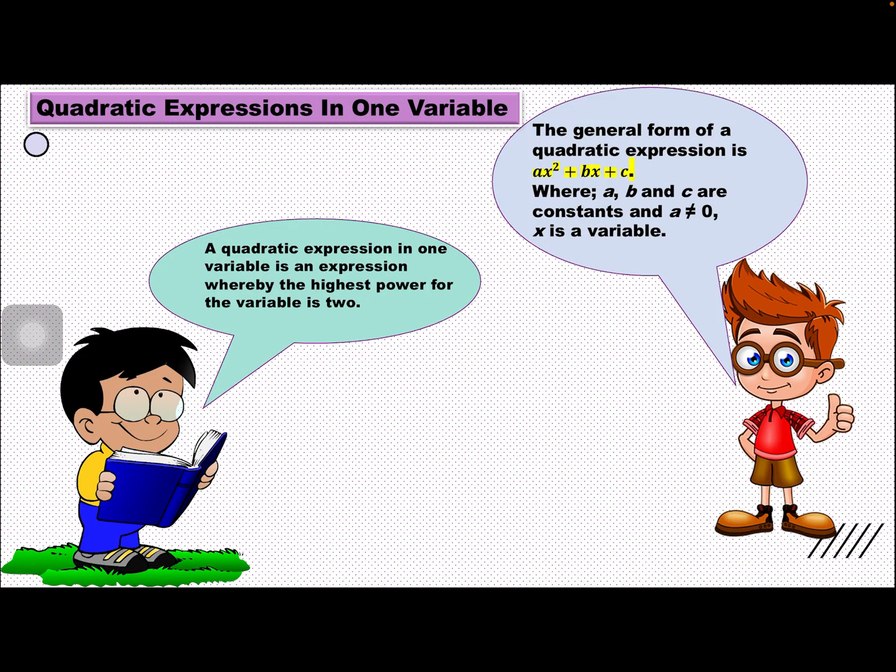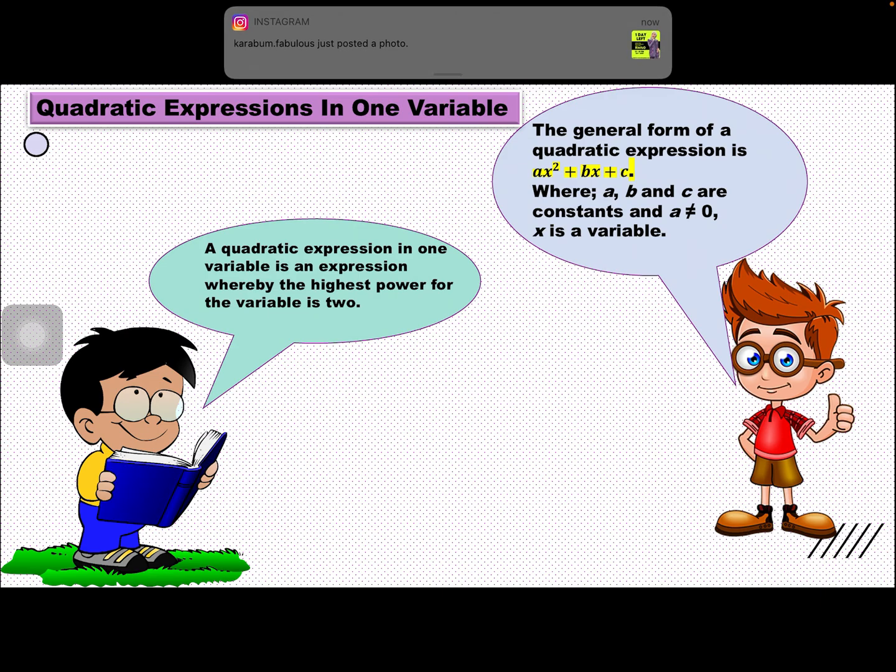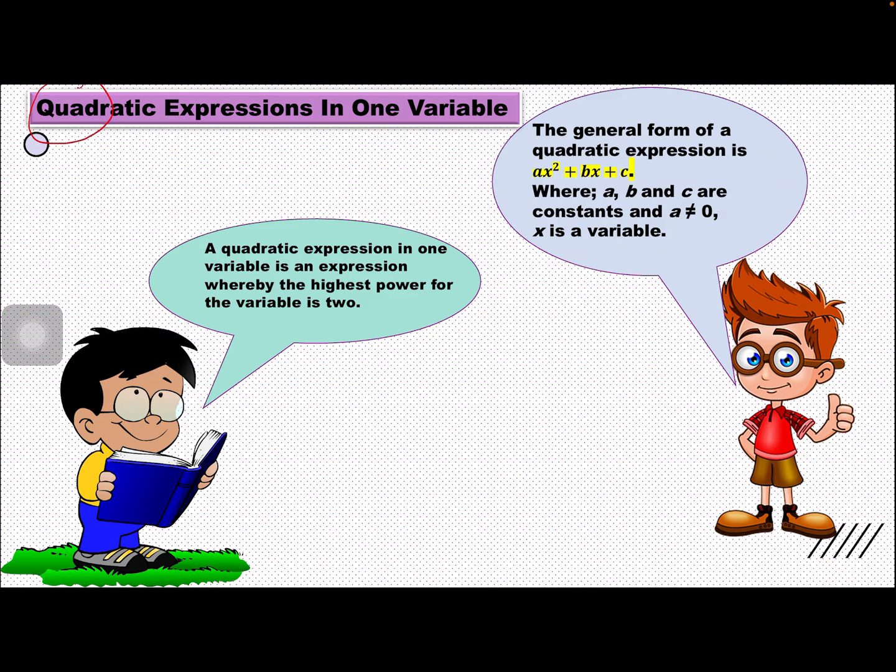So a quadratic expression in one variable is an expression whereby the highest power for the variable is 2. When you see quadratic, it means the highest power must be 2. If the power is 1, then it cannot be quadratic.